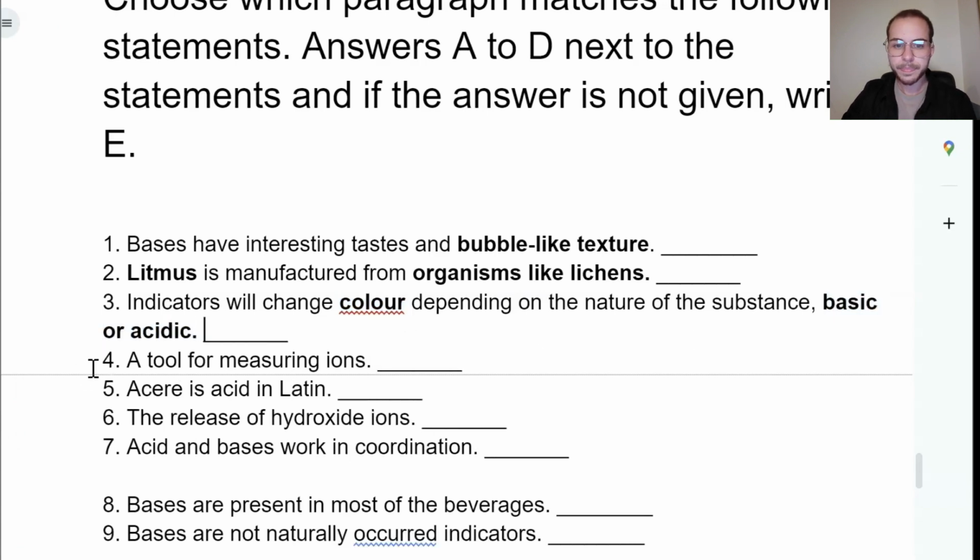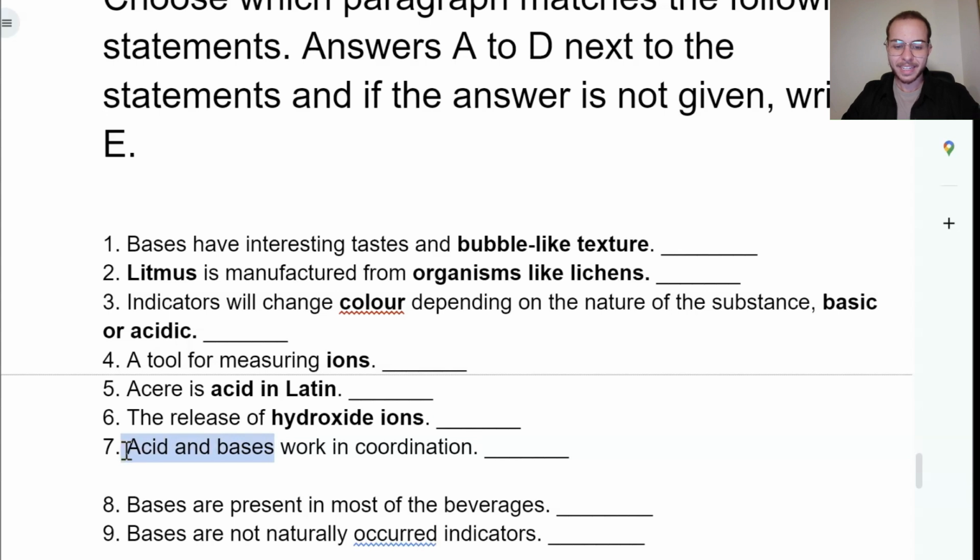Let's do it like that. A tool for measuring ions. Acid in Latin. The release of hydroxide ions. So we're going to highlight that. Acid and bases work in coordination.